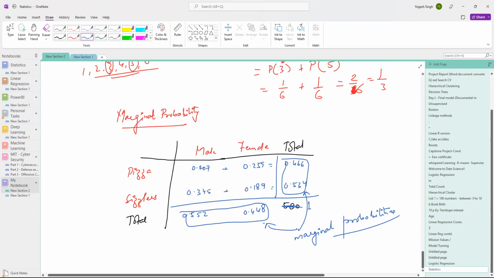This plus this will give you this. This plus this will give you this. And this plus this will give you this. These are your marginal probabilities. Okay, it is just a concept of marginal probabilities. इसमें निकालने का तरीका वही है. All of us okay with this? Yes, sir.